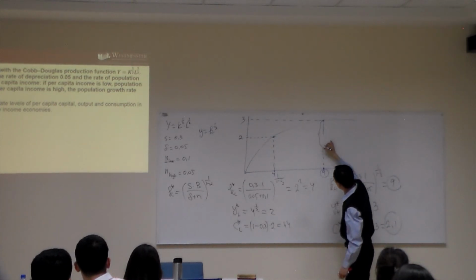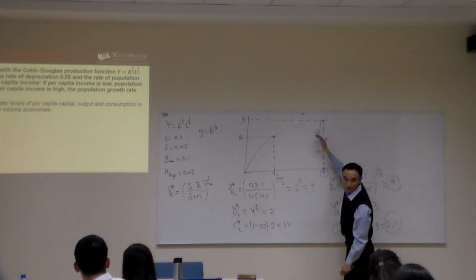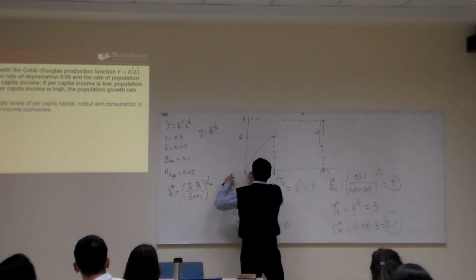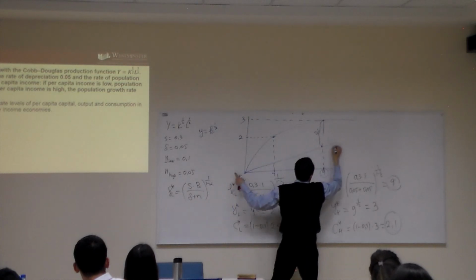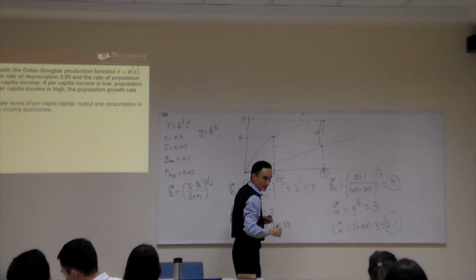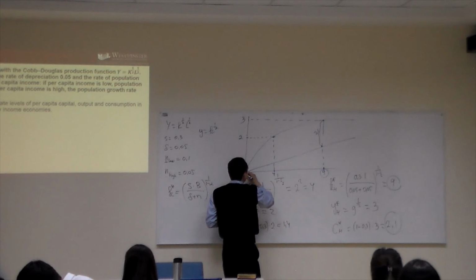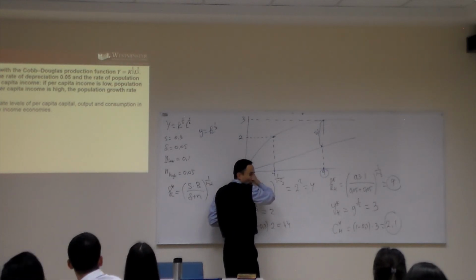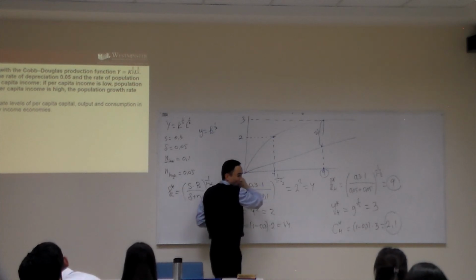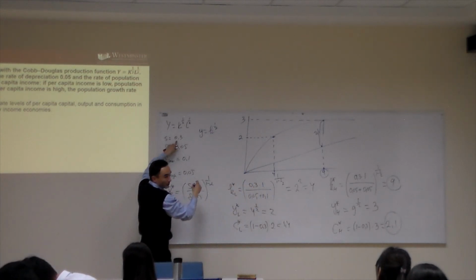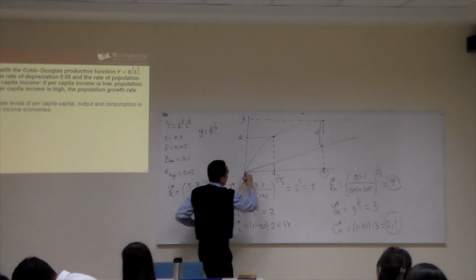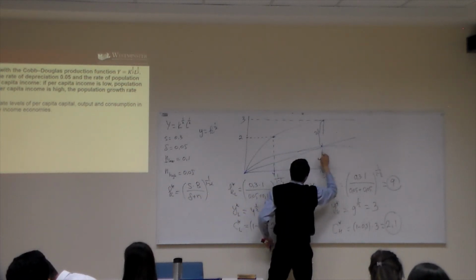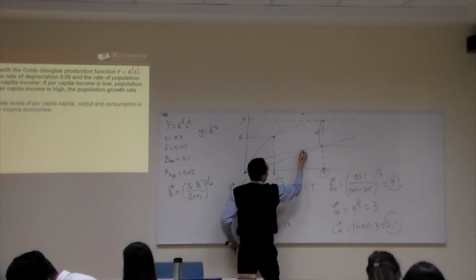For this economy, 2.1. So which means that the depreciation line of this country, yes? How about that investment curve? Is it the same for both countries? It's the same, because saving is the same, right? So it will look like this, right? It's the same.